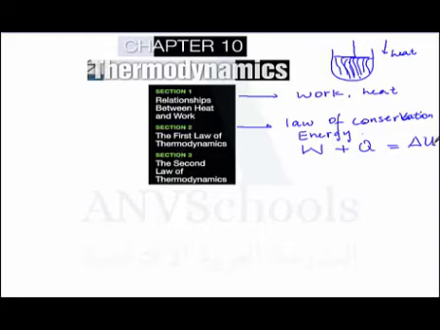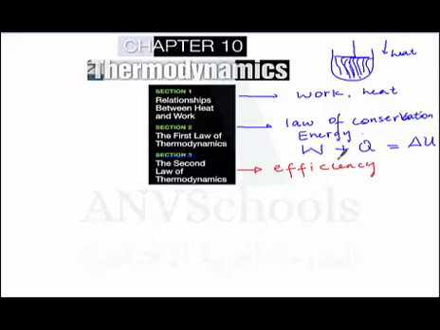The third section is about the second law of thermodynamics. This law highlights the efficiency of a machine, or the efficiency of heat engines, that is, the efficiency of energy converters.